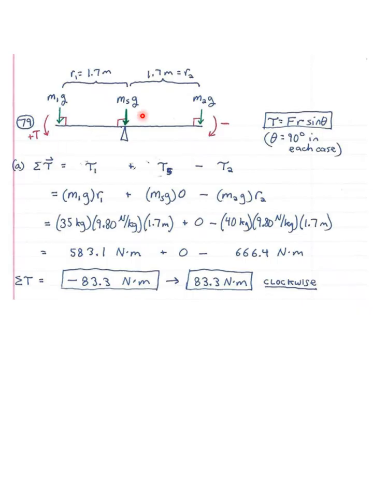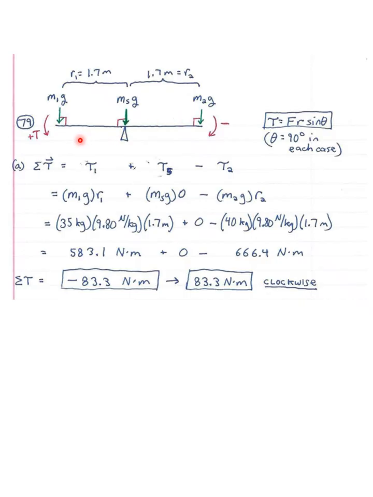And also we're going to need to remember that torque is force times lever arm times sine of theta. But to make life easier for us, sine theta is equal to 1 in each of these cases because they're perpendicular. All right, let's set it up.